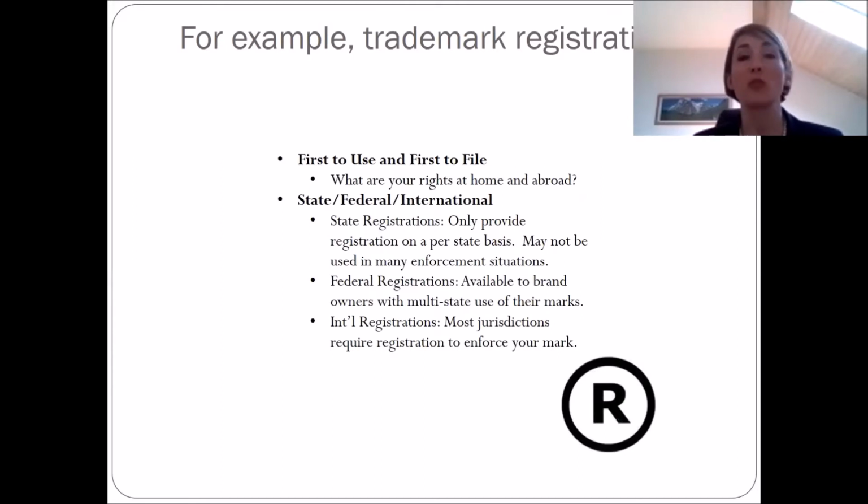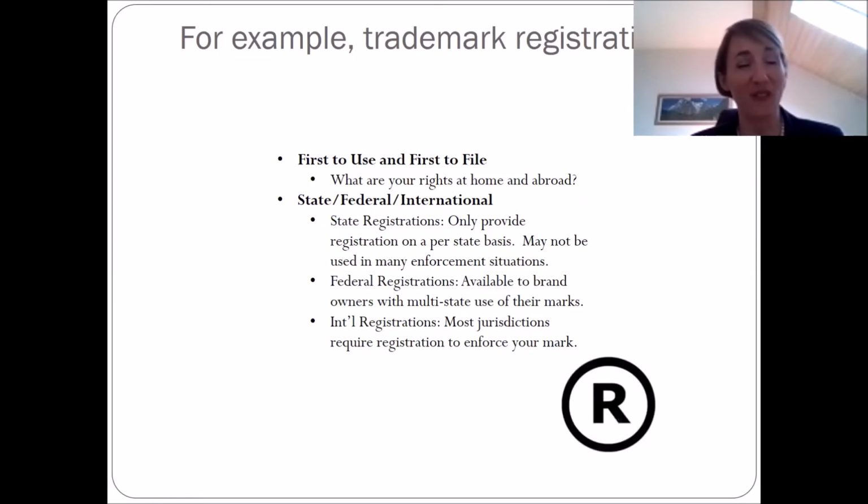So that means where consumers can get access to it. You could have a state level registration. It only covers you for exclusive rights in your state. You could have a federal registration that gives you nationwide exclusivity. And then you could also seek registration of your trademark in other areas of the world, using either your local counsel to help you set that up, or chatting with counsel in other parts of the world.